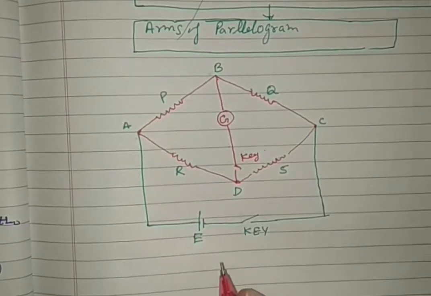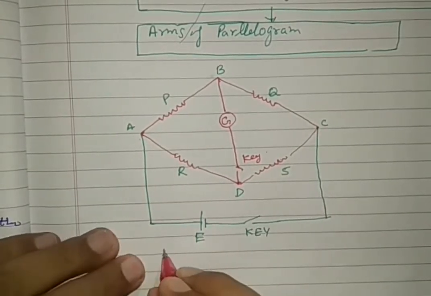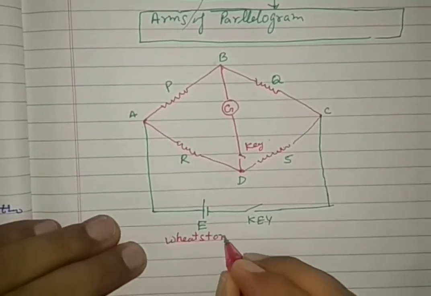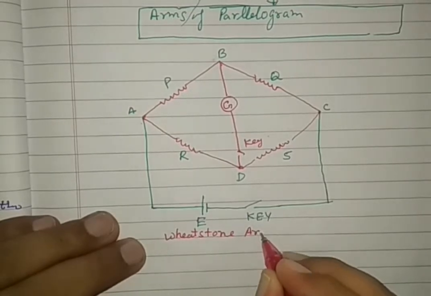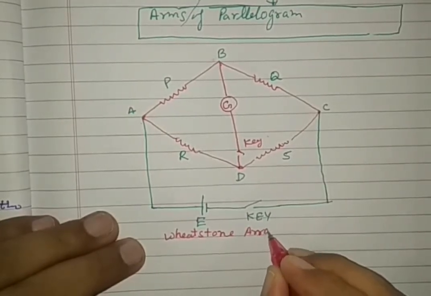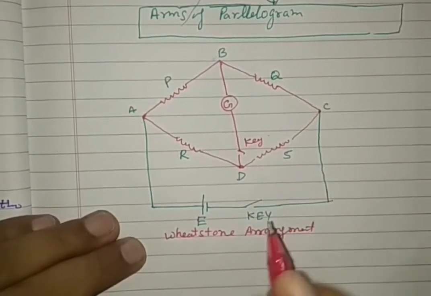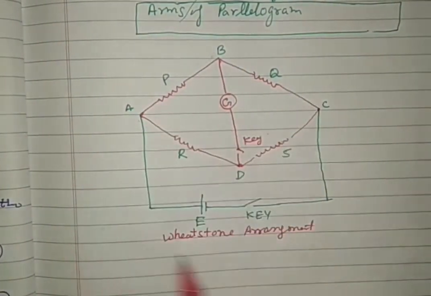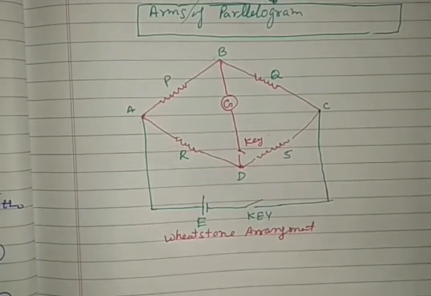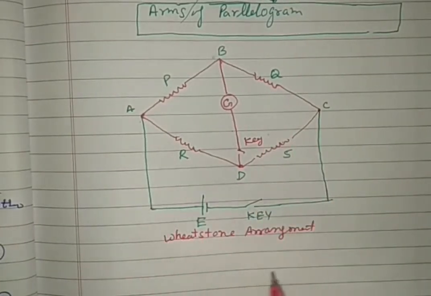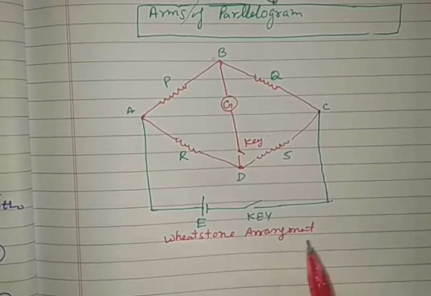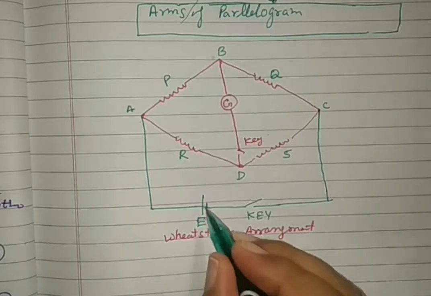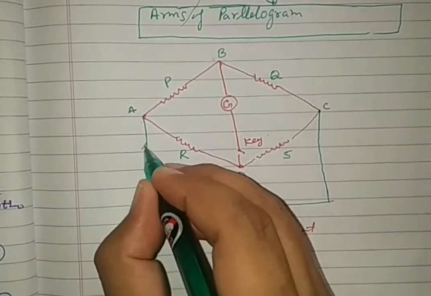Clear? This arrangement is called Wheatstone arrangement. If any circuit in current electricity is connected by this model, then it is called a Wheatstone bridge arrangement.